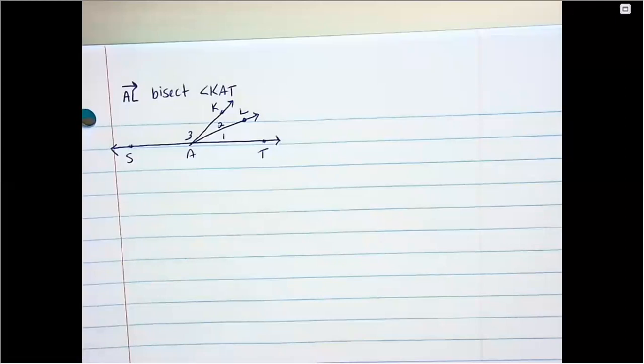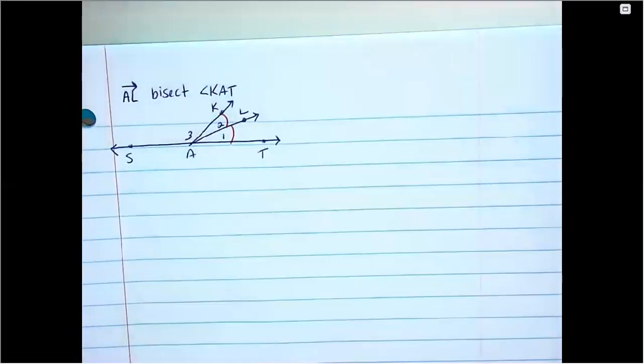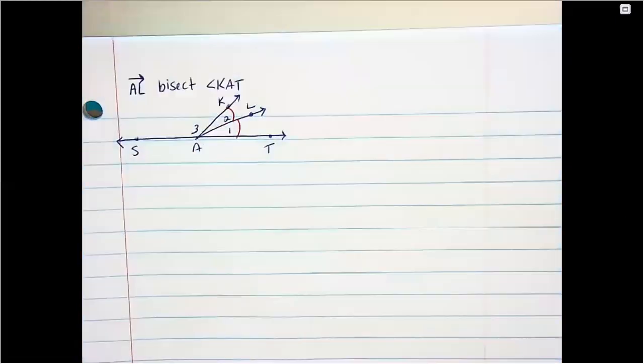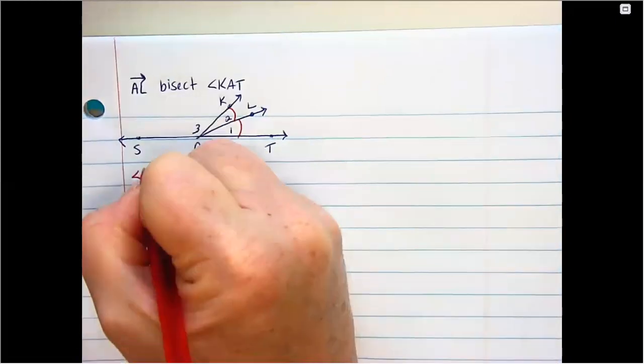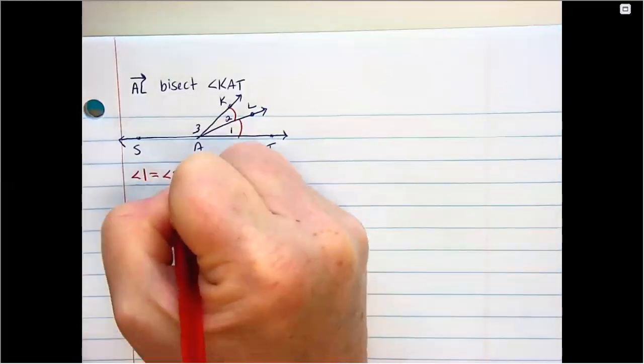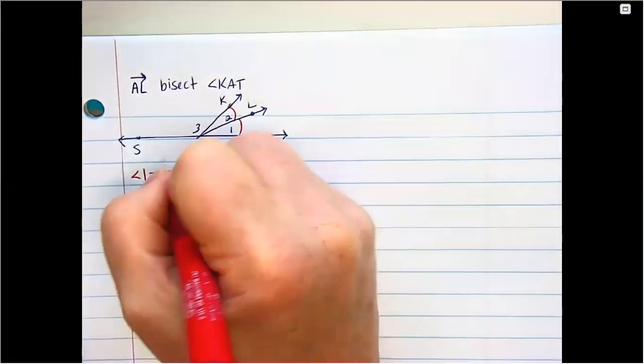You can look back in your notes if you need to. They're equal. Awesome. That angle 2 and angle 1 are going to be equal. So we're going to put the arc marks, and we're going to make a note over here that we know that angle 1 is equal to angle 2. That's going to be huge. So that's one part.